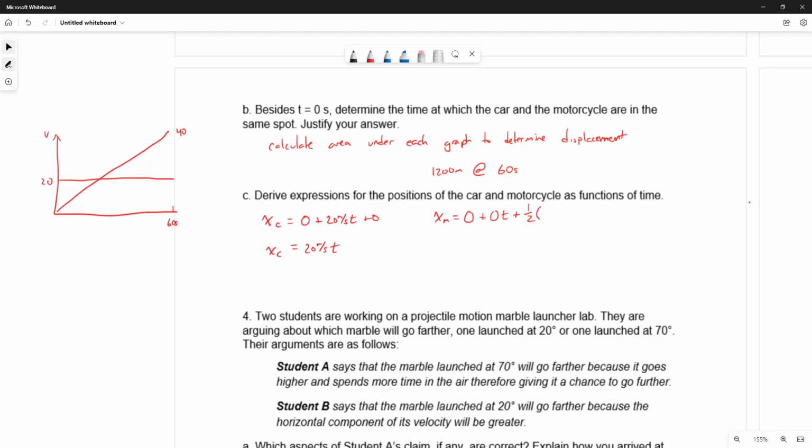So 40 over 60 would be 2/3, about 0.67 meters per second squared. So this expression would just be 1/2 times 0.67 meters per second squared times the time squared. Those are our two expressions here for the displacement or position as functions of time.